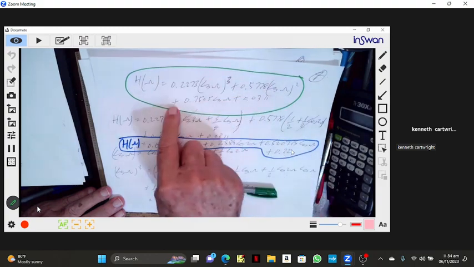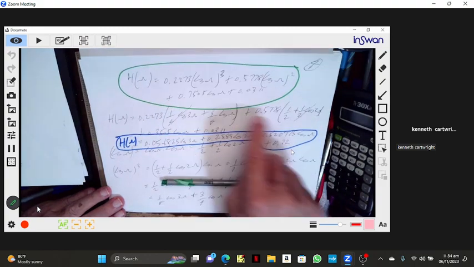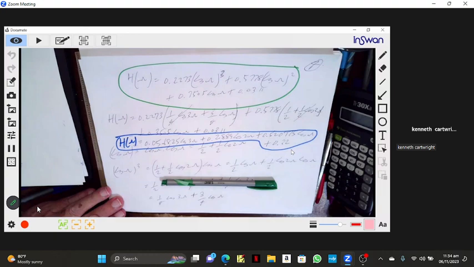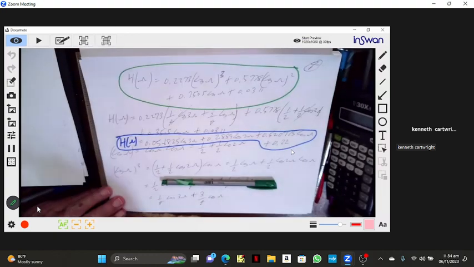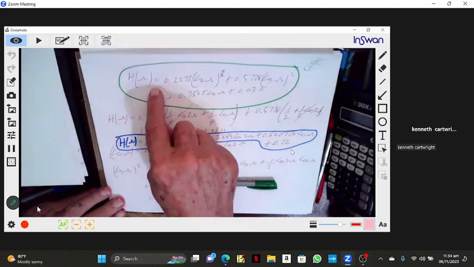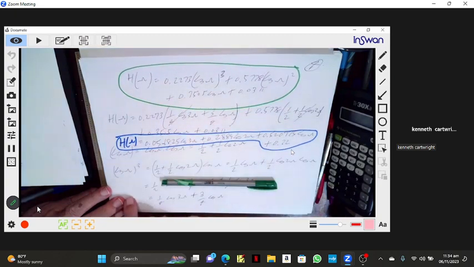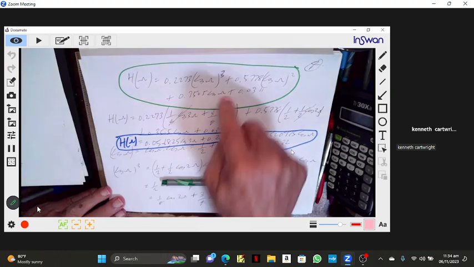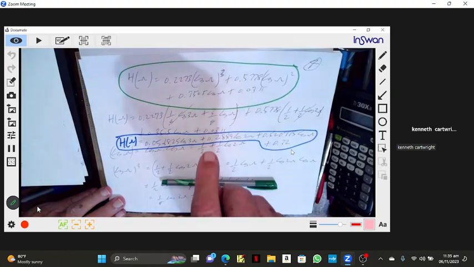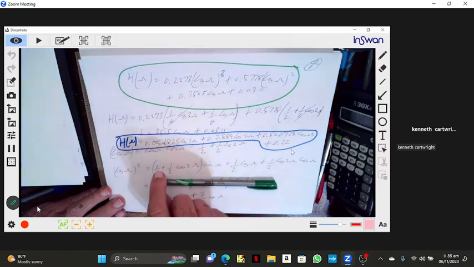Why? There's no complex number. This is all real numbers. The phase of a real number is 0 or 180. If this becomes negative anywhere, the phase could become 180. This is 0 or 180. So what this is saying then, a zero phase filter cannot exist, because that would mean h of n is anti-causal.